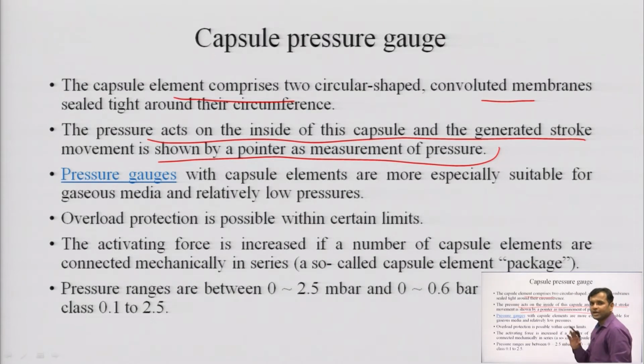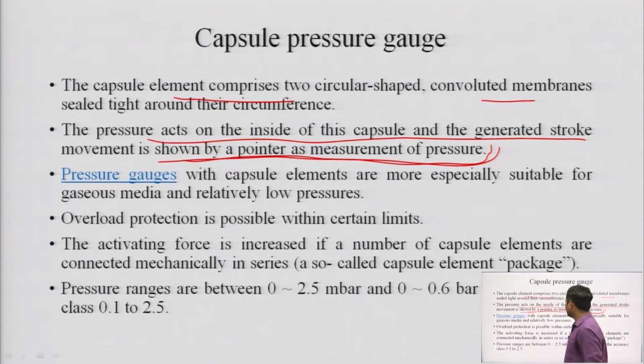So, one pointer device can be connected with the arrangement of the capsule, because when we are using the elastic element, obviously the exerted pressure will cause a displacement, and that displacement can be measured by the pointer. So, the pressure can be measured in terms of the displacement.